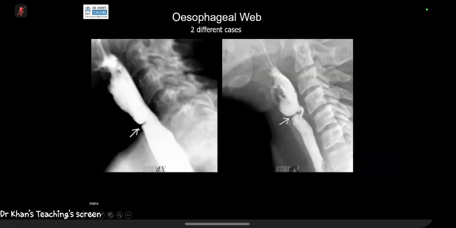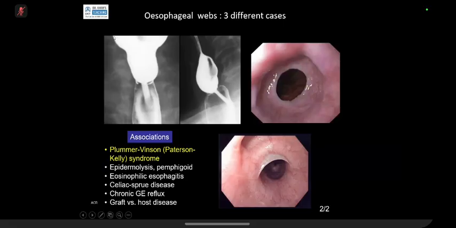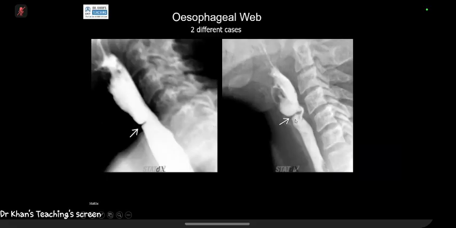Webs can also be a shelf-like, linear filling defect on one wall. It all depends. But this jet you must remember, and this is an exam case. And these ones are on one wall, projecting this filling defect there.